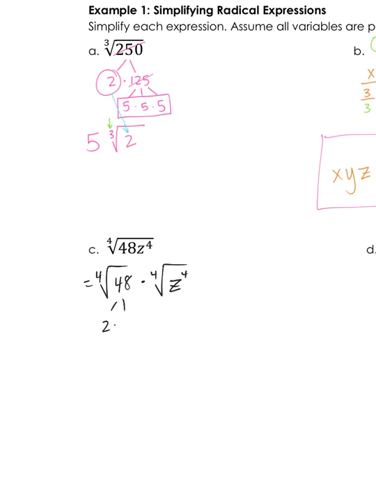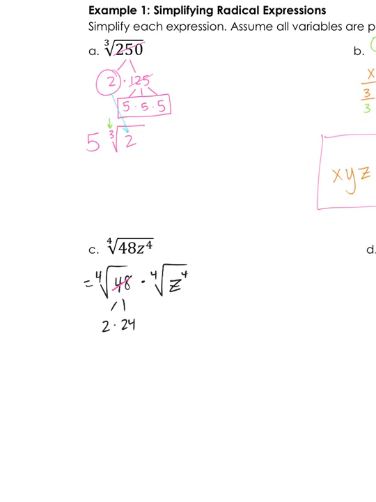Now, our rules above said to start off with the highest perfect square, and you're more than welcome to do that. In this case, I am just going to go ahead and start with 2. And then this is going to become 2 times 24.